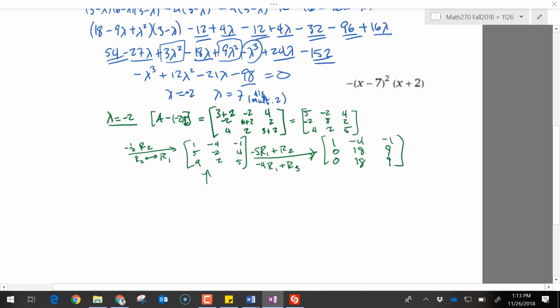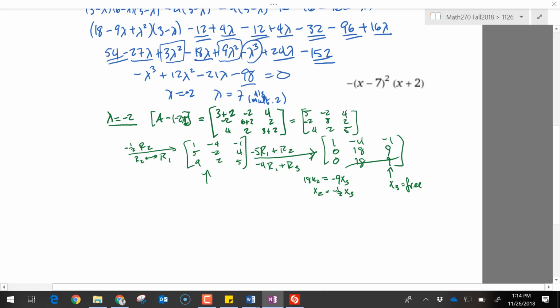So you see that the second and third rows are the same, so we can just imagine wiping out this row. So that's going to give us a free variable here. And then for x2, well, 18 x2 is equal to -9 x3. So x2 is going to equal -1/2 x3.